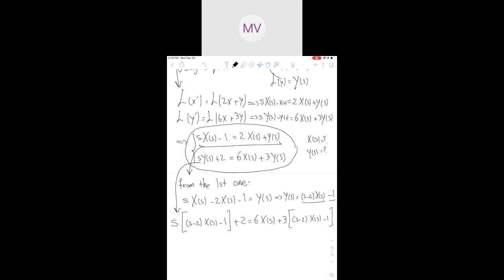I mean, we could have combined the 2 and y of s here. It's okay. Let's distribute. So we get s times s minus 2 x of s minus s plus 2 equals 6x of s plus 3 times s minus 2 x of s minus 3.